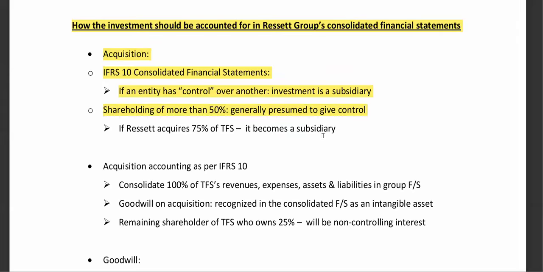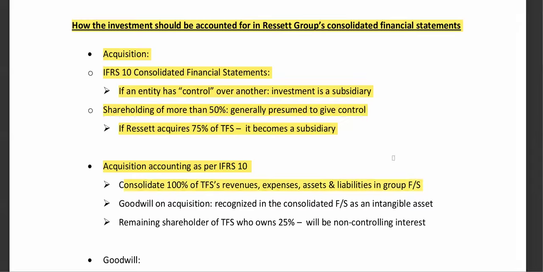And in this case, if Ressett acquires a 75% stake in TFS, it definitely becomes a subsidiary. So we would apply acquisition accounting as per IFRS 10. And that would mean we will consolidate 100% of TFS's revenues, expenses, assets, and liabilities in the group financial statements.